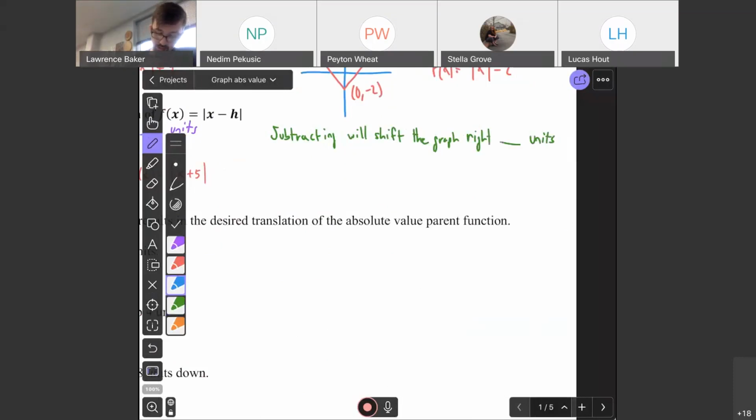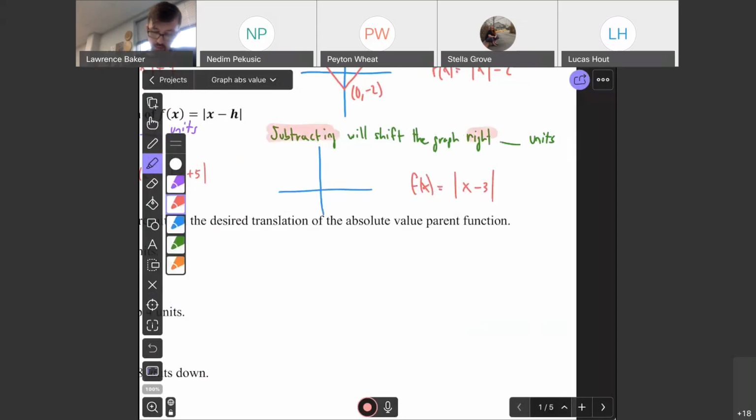I've got a last sketch here. Say f of x equals the absolute value of x minus 3. Subtracting will move it right. So instead of our vertex being at the origin, our vertex is going to move 3 units to the right. It'll look something like this.